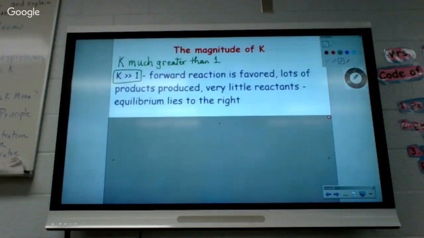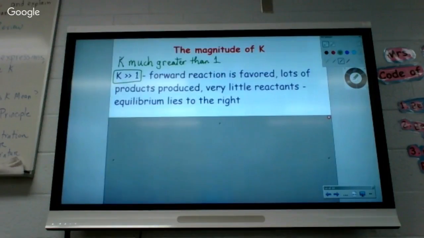The forward reaction is favored. Lots of products are produced. Now, if lots of products are produced, what does that mean?